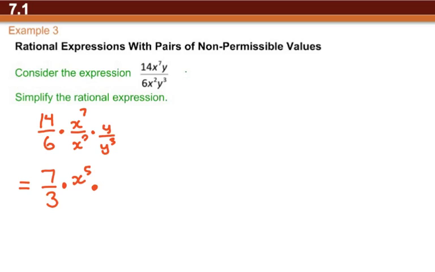Y over y cubed, we have one y that we can cancel, but this one will be 1 over y squared because we have the larger exponent in the denominator. To simplify this back together, we simply multiply these back together. We get 7x to the 5th on the top over 3y squared.